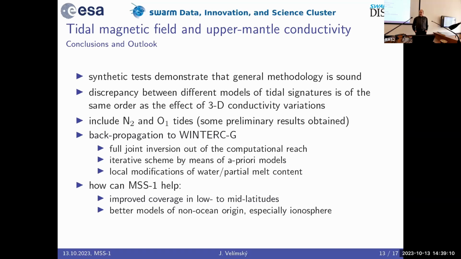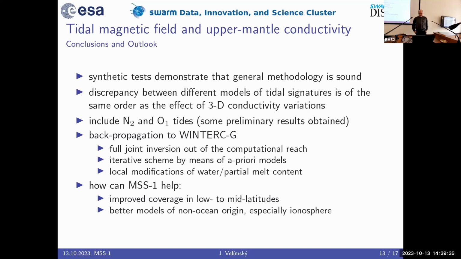We are also trying some preliminary runs, including also the N2 and O1 tides. And regarding the backpropagation to the geophysical winter CG model, it's not very likely to be able to run a full coupled inversion, but we might feed back the information on the water and melt content into this model.